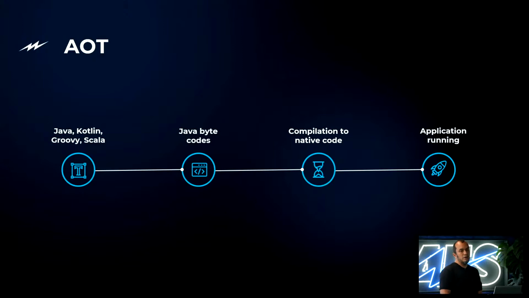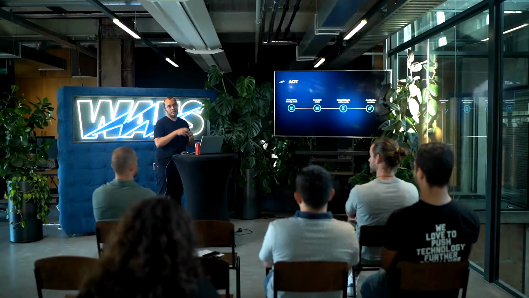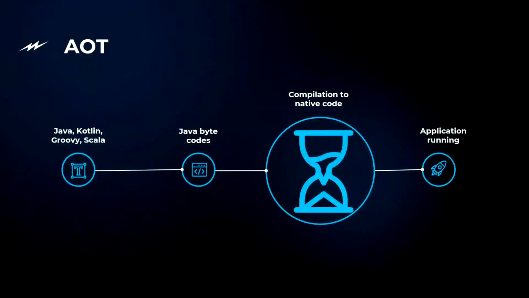And when we are talking about ahead of time compilation, after having the bytecodes, we can compile it to a specific platform. So Java says that you can write once and run everywhere, but when you are using ahead of time compilation, this is not true anymore because you are targeting a specific platform. But of course, there is a thing here to know. So the compilation to native code takes a lot of time.